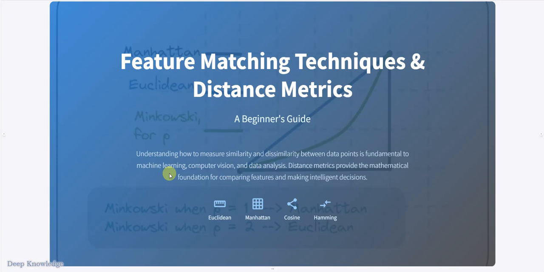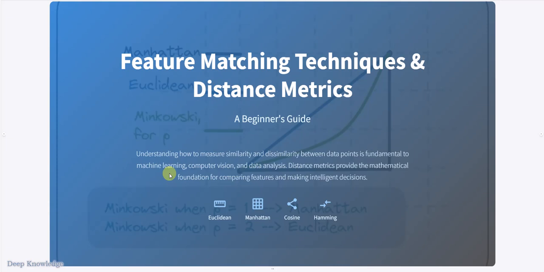Mathematically, these are tools that help computers understand how similar or different things are. Today we are going to explore four fundamental distance metrics that power many of the AI systems we use every day.